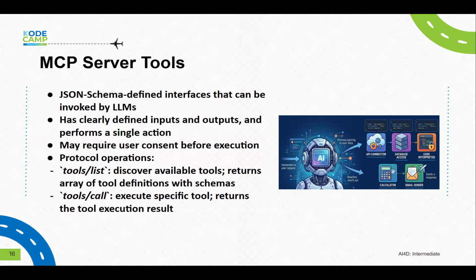And the operations that the MCP protocol supports on MCP servers include listing the available tools on the server. The tools list operation is used to discover the tools that are available on servers, and it returns an array of the schemas for the tools.